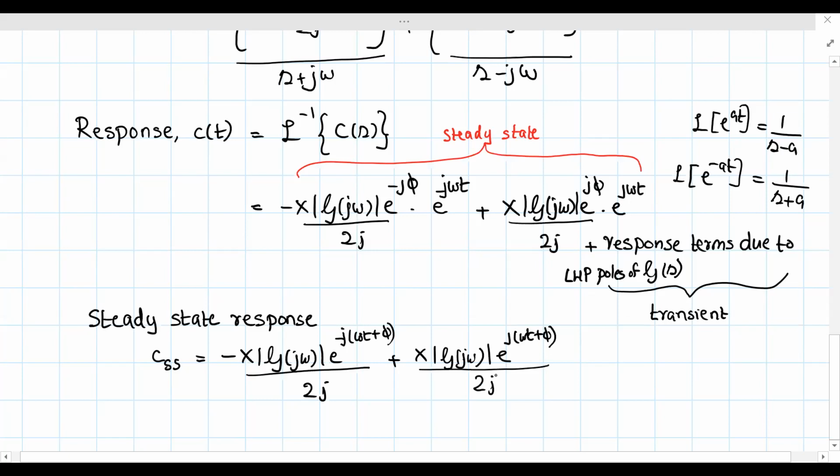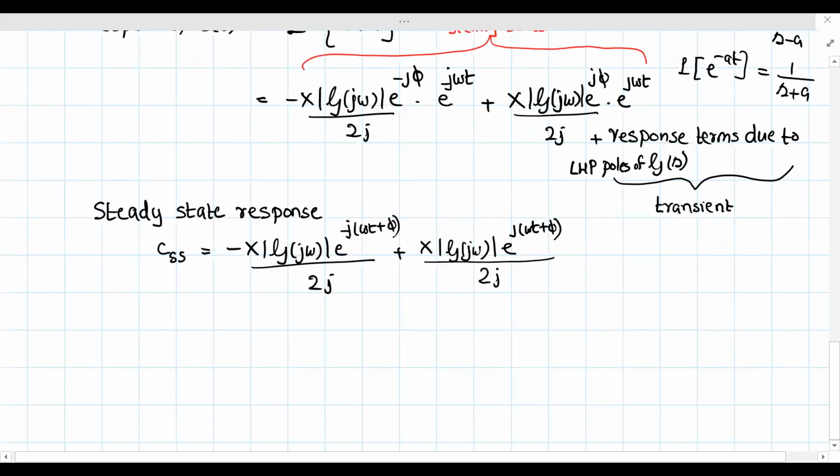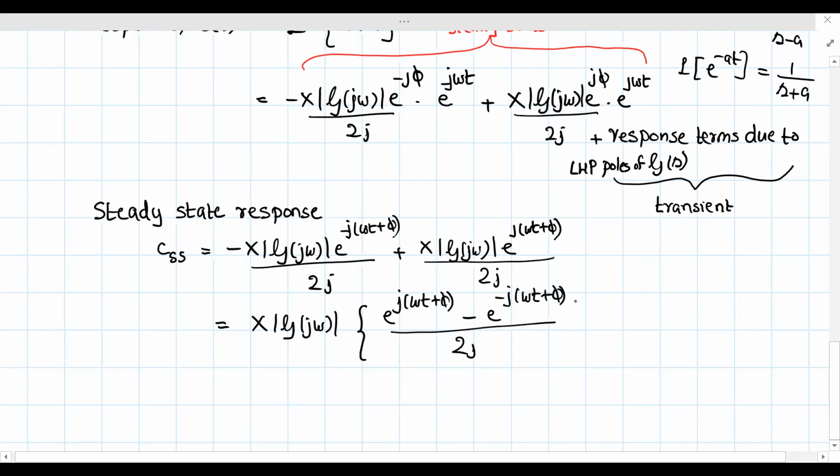So this becomes what? I can take X mod G(j omega) by 2j common, so I can write it as X into mod G(j omega) into [e raised to j(omega t plus phi) minus e raised to minus j(omega t plus phi)] divided by 2j. And what is this thing?